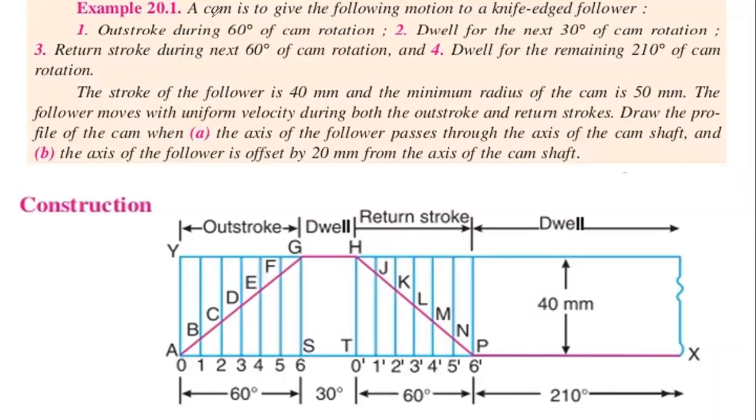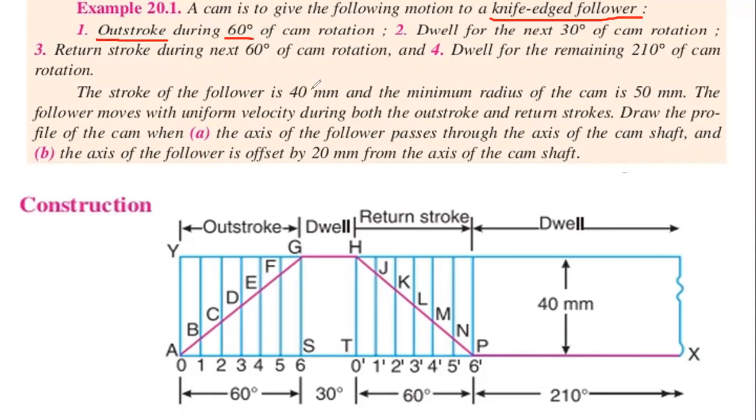So a cam is given the following motion with a knife edge follower. The given type of follower is the knife edge follower, and outstroke during 60 degrees of cam rotation. So the outstroke angle is given as 60 degrees.